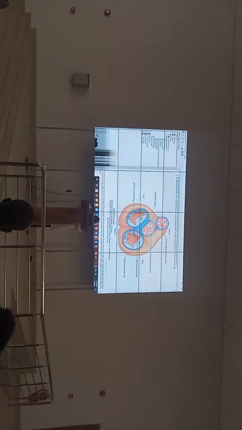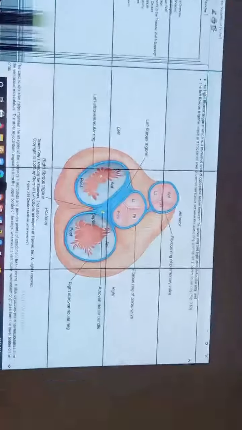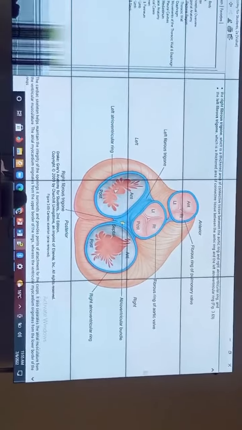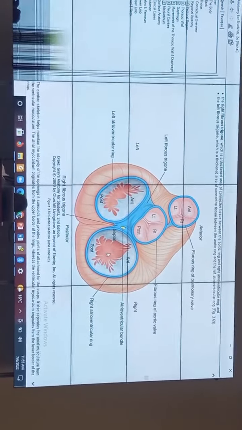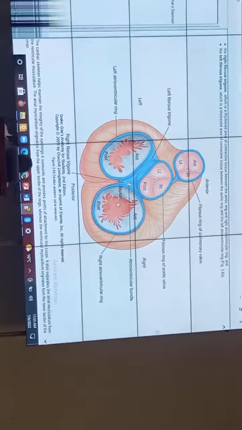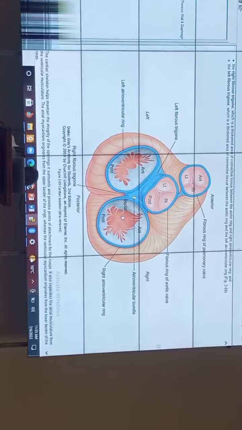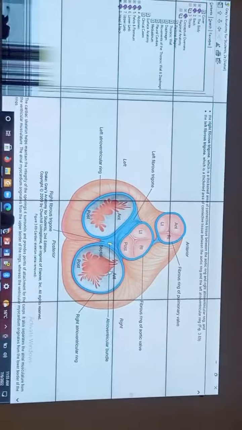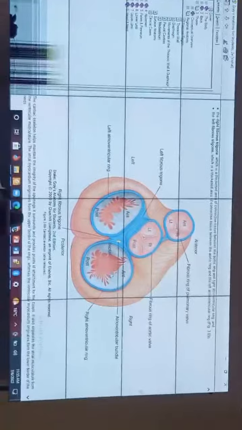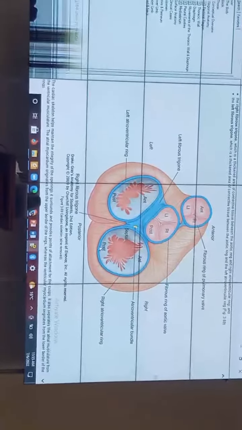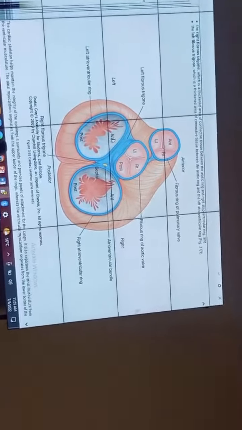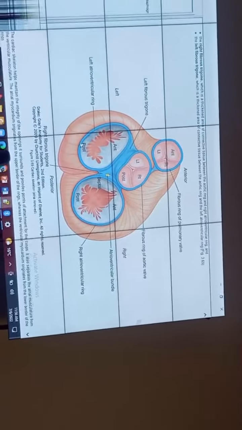So what we are seeing here, through this valve, we can see the left ventricle. Through this valve, we can see the right ventricle. Are you oriented? And so, we have the cusps on the tricuspid valve: the anterior cusp, the posterior cusp, the septal cusp. This side, we have an anterior cusp and the posterior cusp.